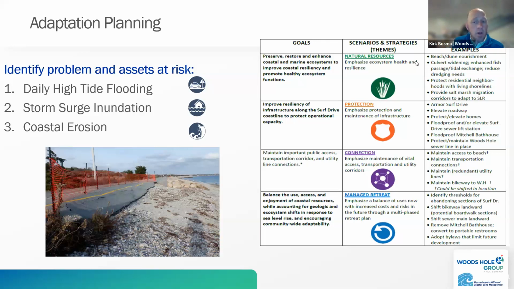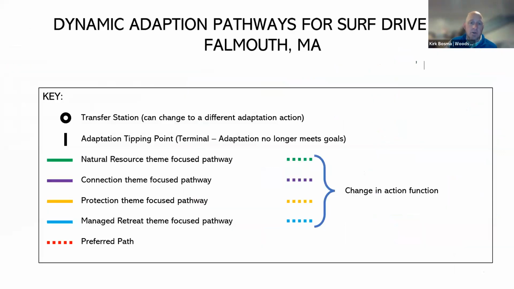Maybe they were going down a road of just protection being our ultimate thing. Maybe it was connection. We really need to keep that transportation, the utility, the bike path open and available. And then there was this idea of managed retreat over time that was integrated in. And so we used the dynamic adaptation pathways for each asset in the area, focusing on those various themes.